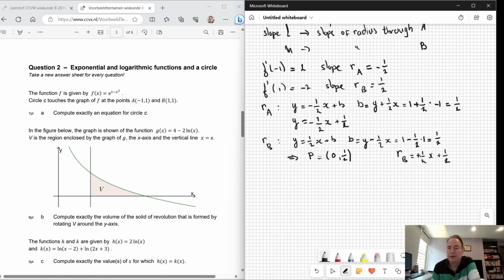So the intersection has to be at x equal to 0. So this then is the center of the circle. And now, to give the complete equation, we also need to find the radius of the circle. But that's just the distance from P to, say, A.